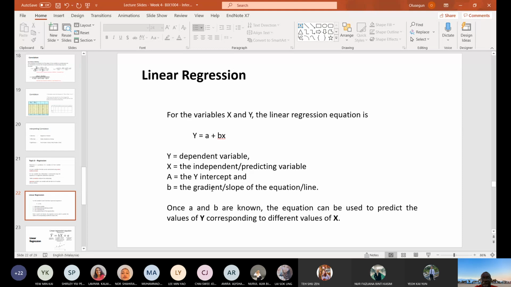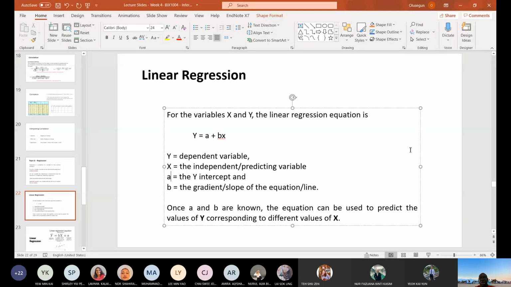And a, the small a here, is the y-intercept. Y-intercept means when there's no x. When x is 0, definitely bx will be 0. So what will be the value of y?